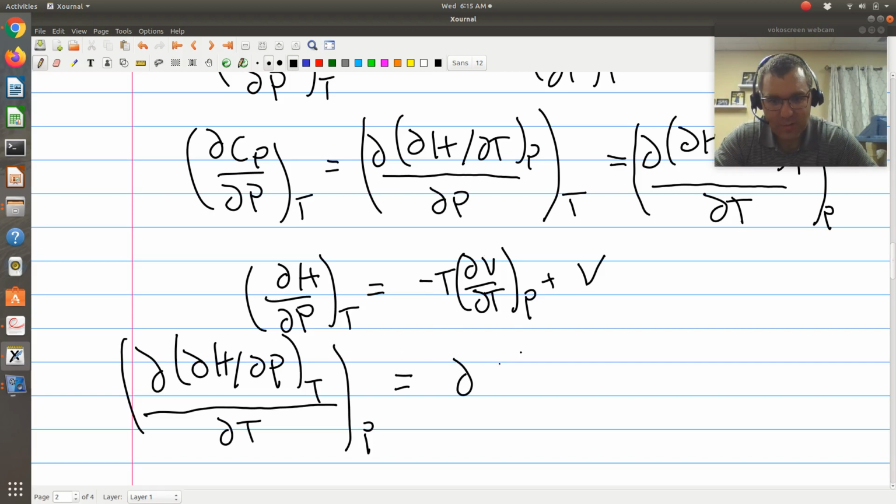So what I'm trying to differentiate is negative T dV/dT, and I'm going to write it out in a slightly different form just so I can write it a little bigger.